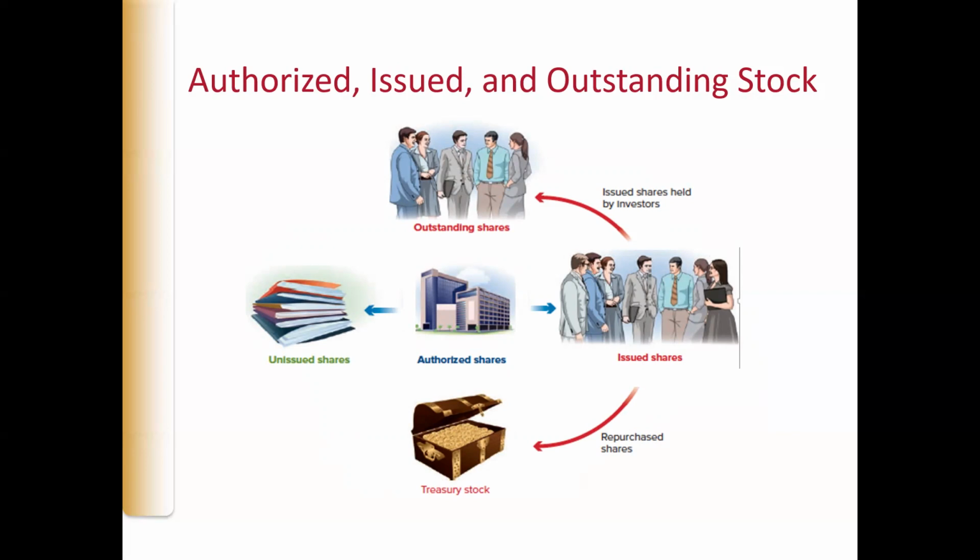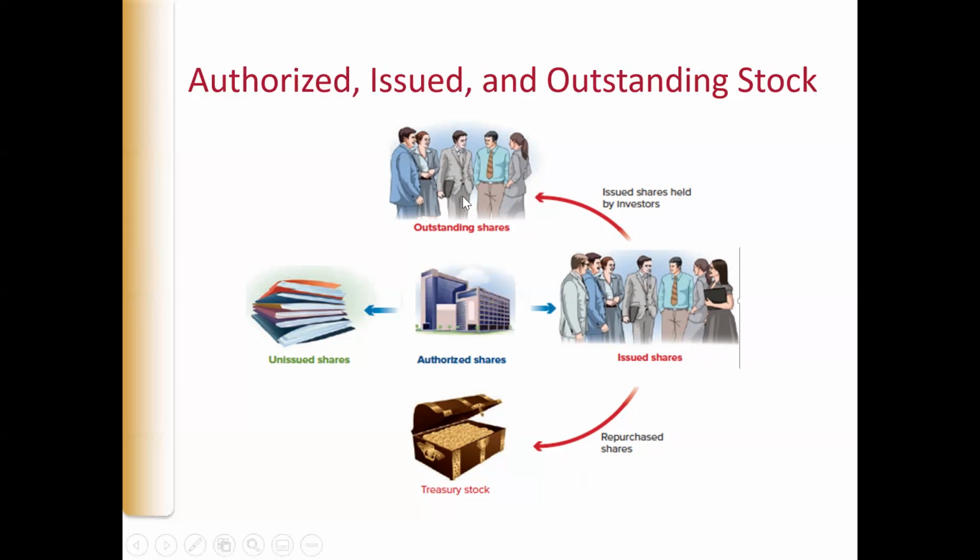The authorized shares are the total number of shares the corporation is allowed to utilize at the onset of the corporation. Those shares are either issued or unissued. Those issued shares can be either outstanding or reacquired or repurchased by the company in the form of what we call treasury stock.